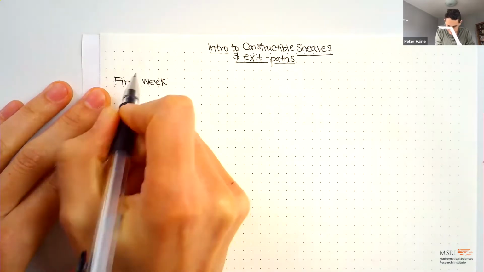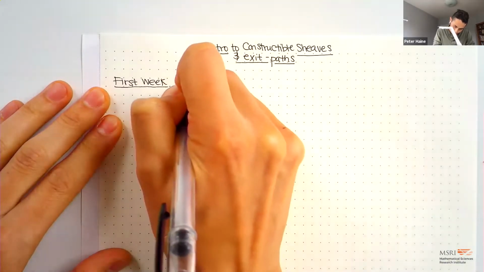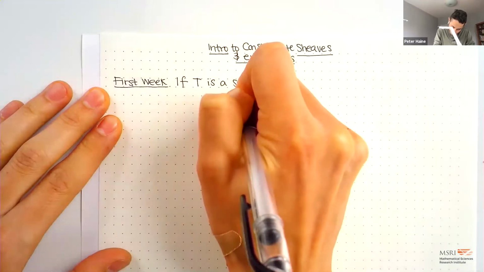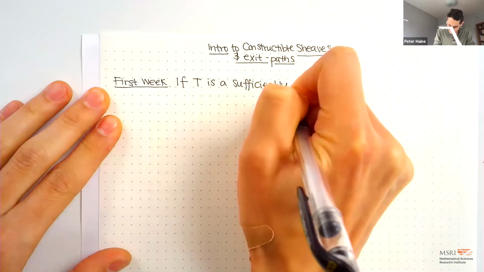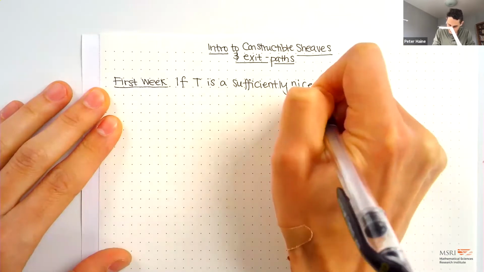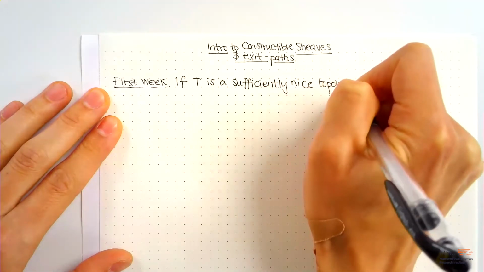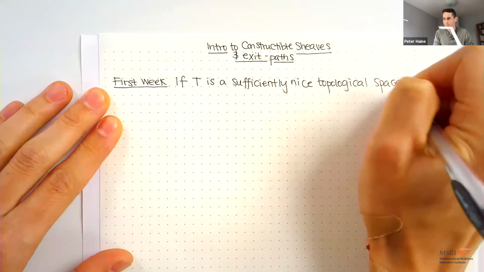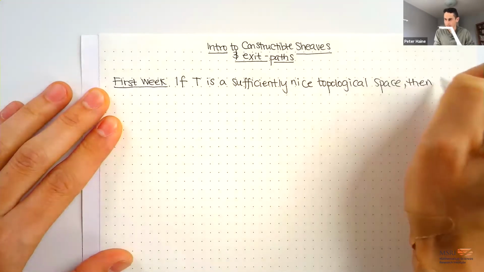In the first week, what Clark told us was that if T is a sufficiently nice topological space, then there's an equivalence.